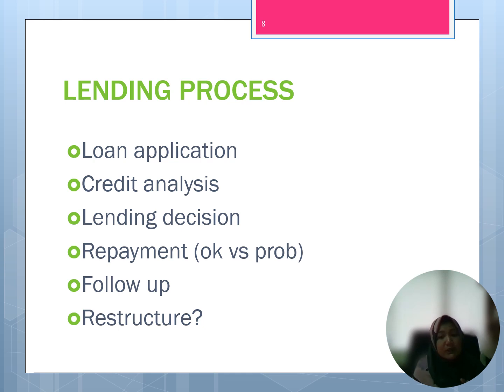Sometimes the bank approves the loan but does not fully fulfill the application. For example, the customer applies for 100,000 and the bank approves only 50,000. Or the customer applies for a 10-year period and the bank approves 8 years. It depends on the bank.